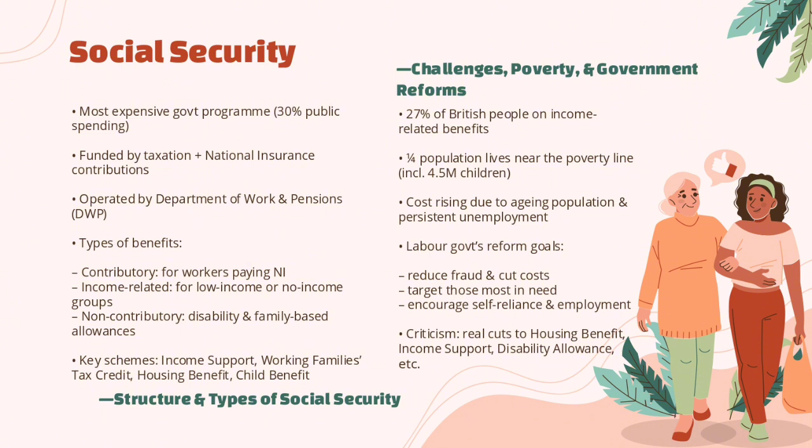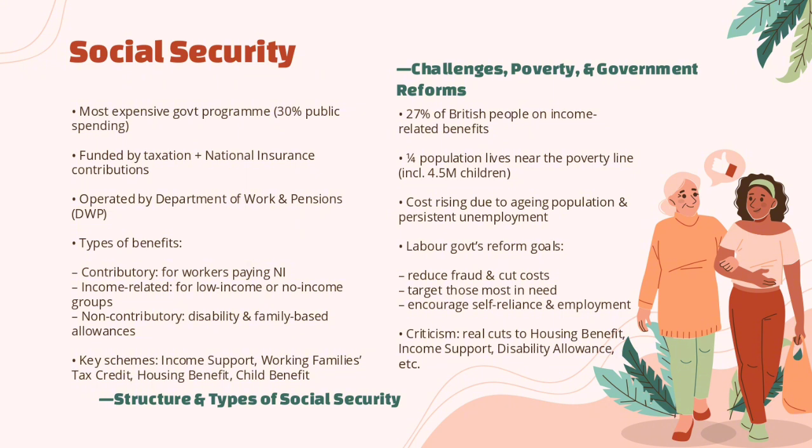The government, especially during the Labour era, tried to reform the system. The focus was on reducing fraud, cutting costs, and targeting assistance to the groups most in need. But they also want people to be more independent, actively work, and not automatically rely on the state.